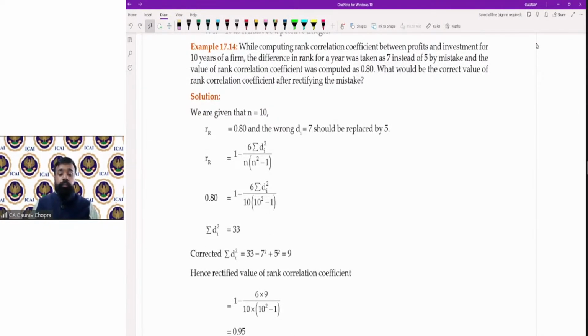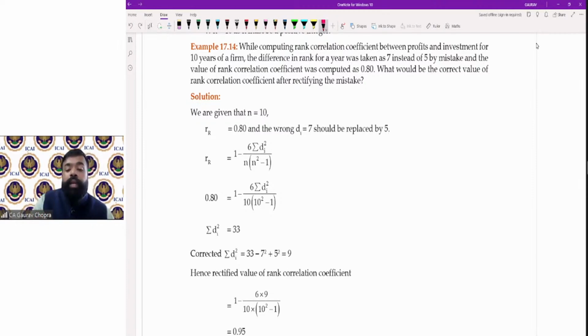Now the next one. Next one is a correction based question. इस क्वेश्चन में कुछ करेक्शन है. करेक्शन क्या है? By computing rank correlation coefficient between the profit and investment for 10 years of a firm, the difference in rank for a year was taken as 7 instead of 5.